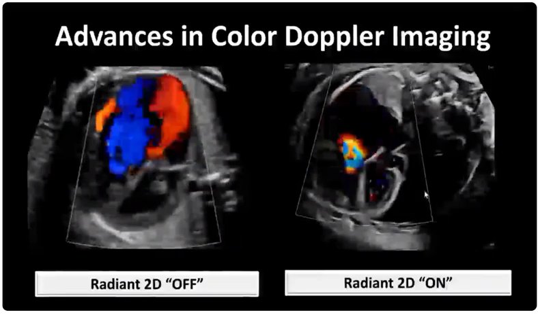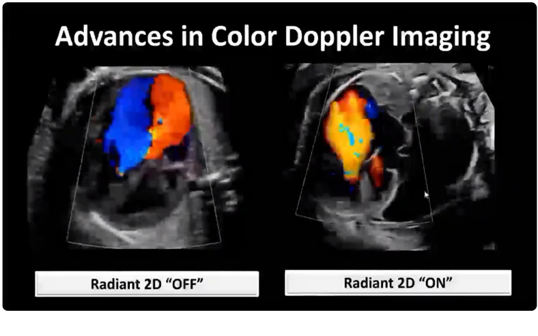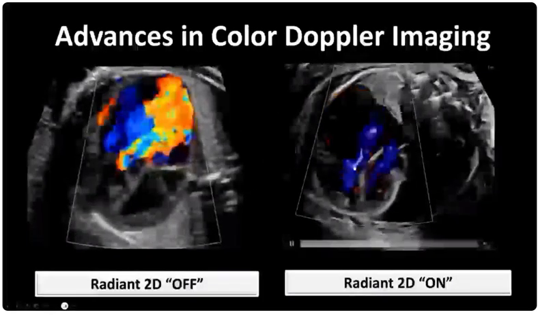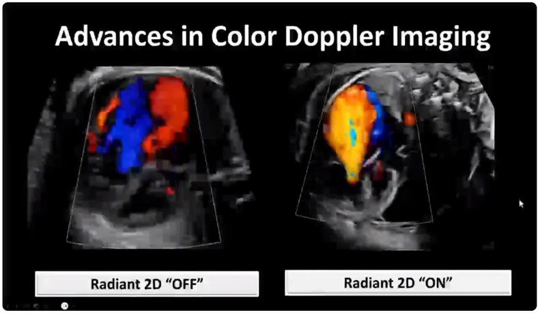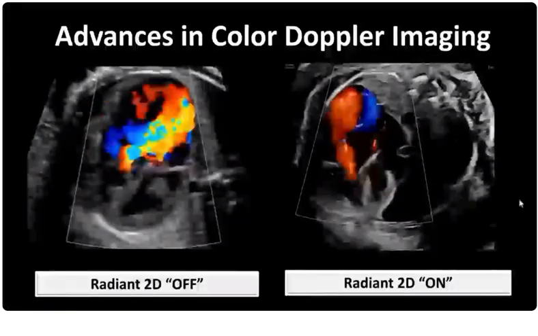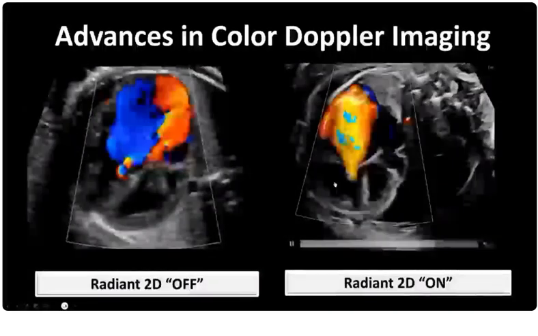So here we have 2 eras. This fetus had Ebstein anomaly, and this fetus has Ebstein anomaly. Both of them were scanned in our department a few years apart, and you can see how nice and 3D looking this color is.